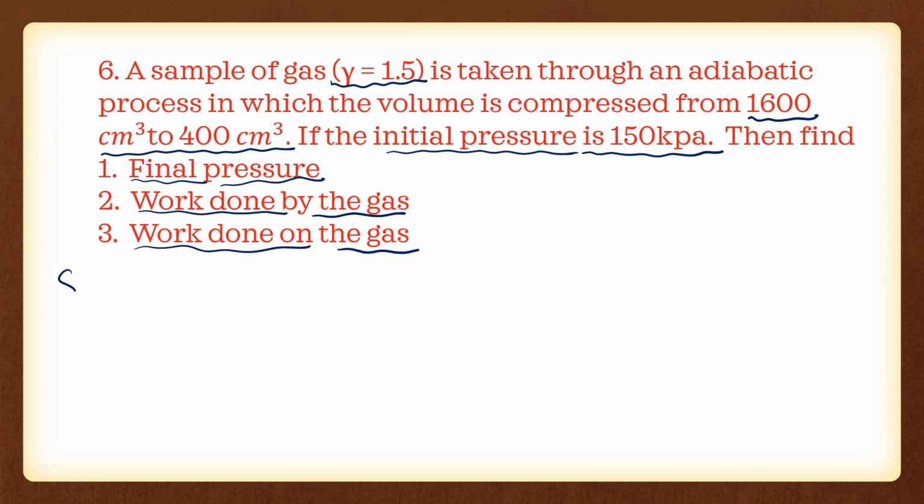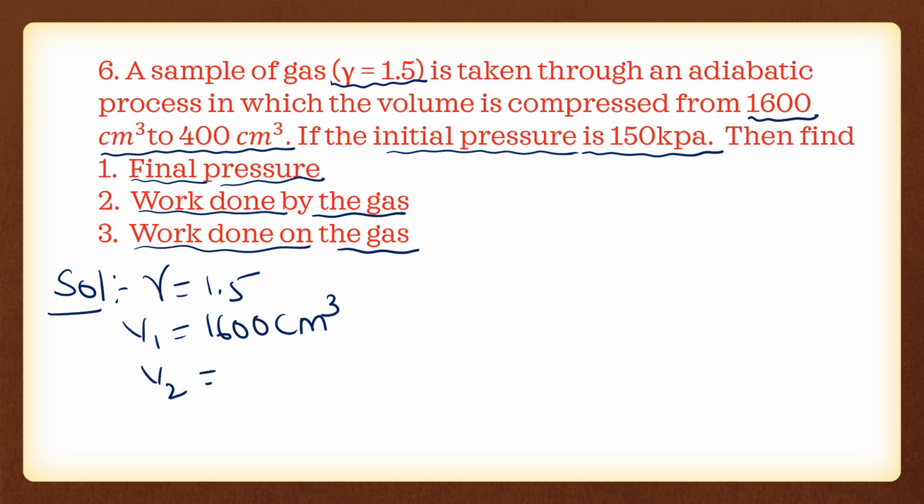So let us go to the solution. First we have to calculate the final pressure. So given gamma is equal to 1.5, V1 is equal to 1600 centimeter cube and V2 is equal to 400 centimeter cube. P1 is equal to 150 kilopascals.